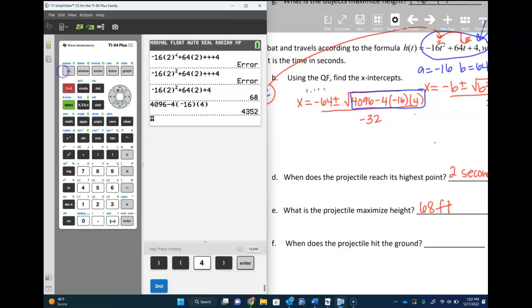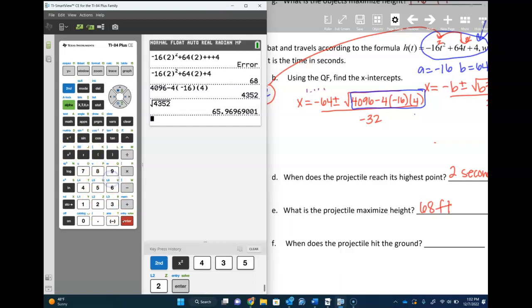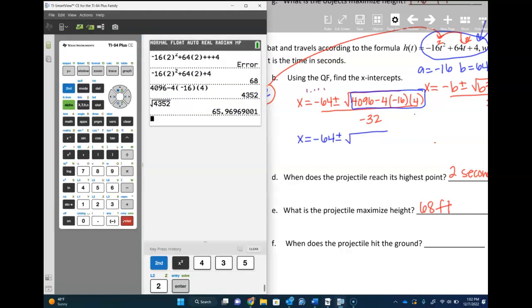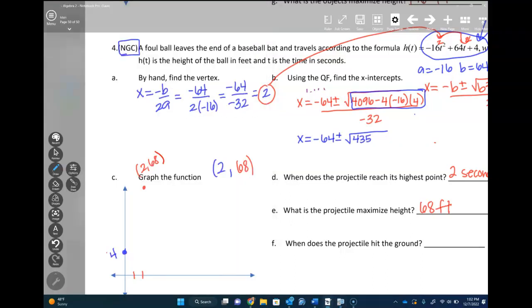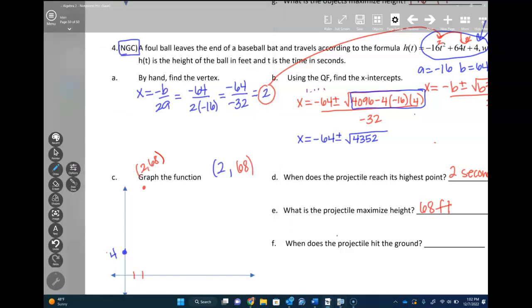And then if you square root that number and you check to see if it's perfect, it's not. So if it's not, you just have to write it like that. Meaning that you should get x equals negative 64 plus or minus the square root of, what was that number? 4,352 is what I think I got. Yep. And then you divide all of that by negative 32.